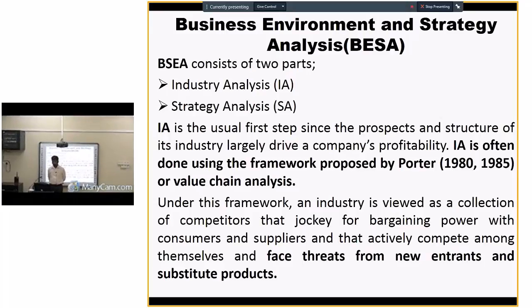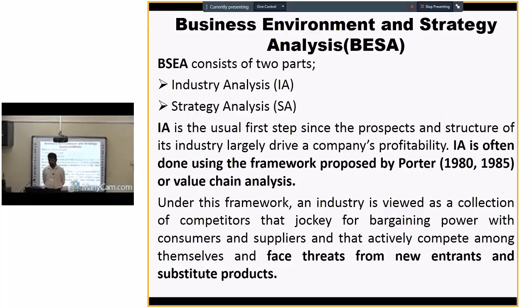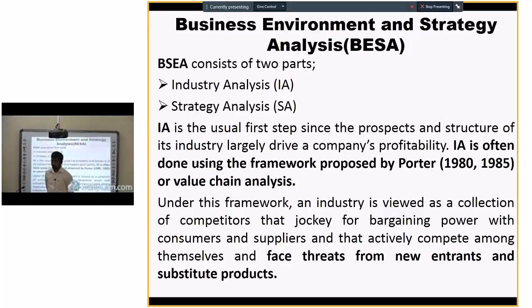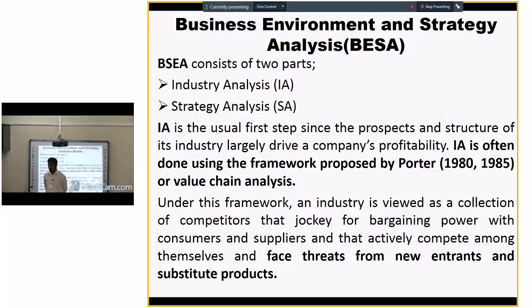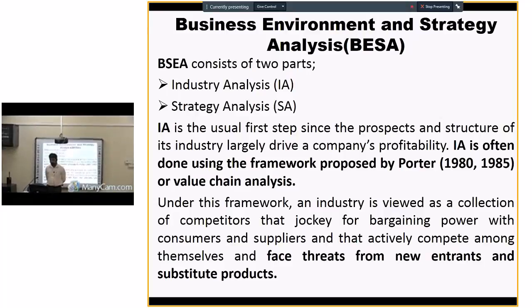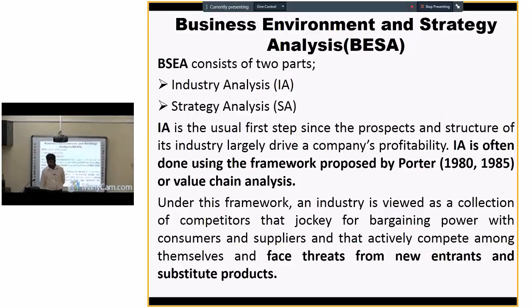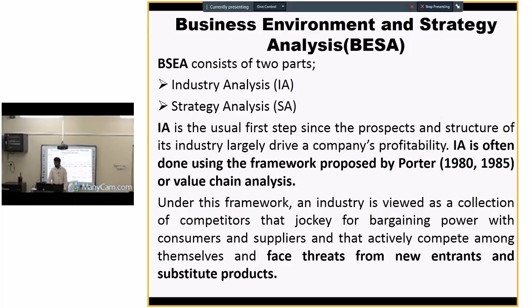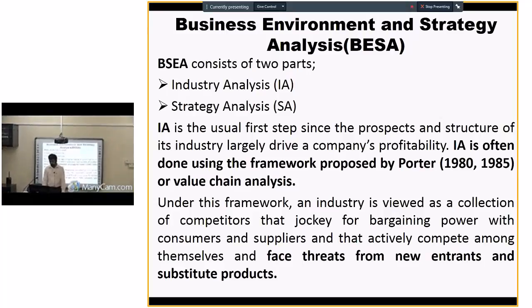Now these are the theoretical approaches. Under this framework, an industry is viewed as a collection of competitors that jockey for bargaining power with consumers and suppliers, and that actively compete among themselves and face threats from new entrants and substitute products.